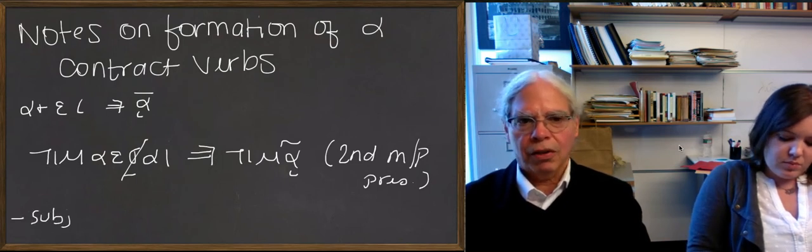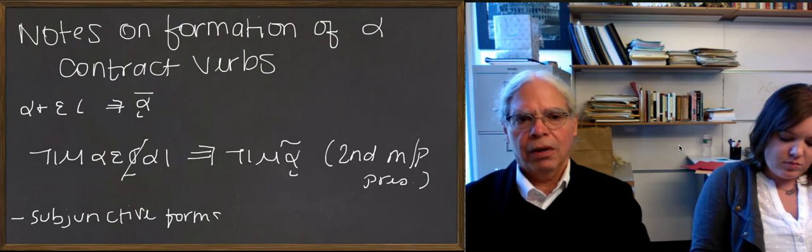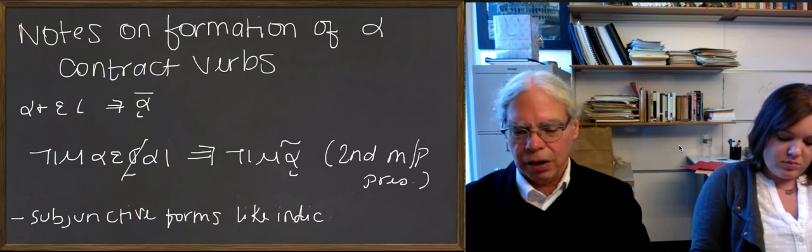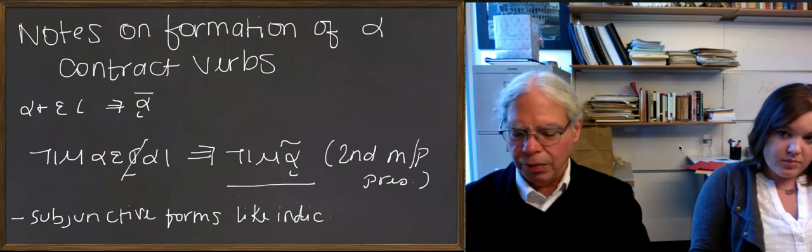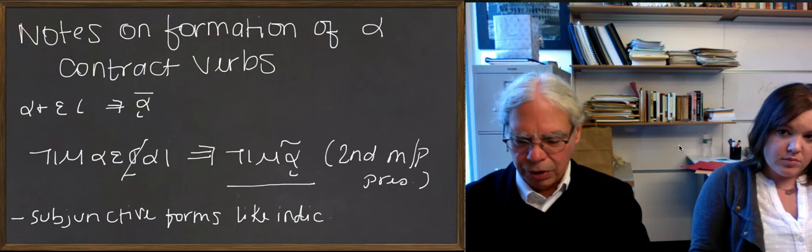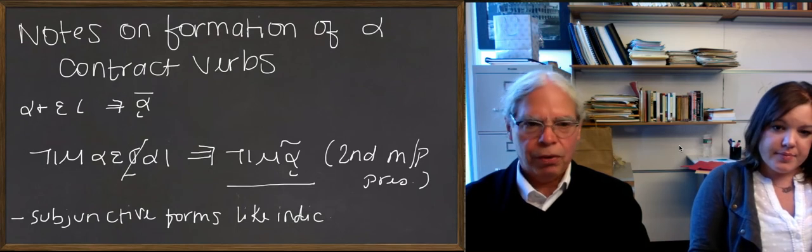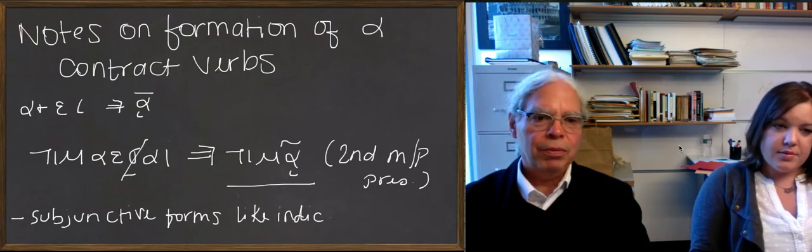So we can say that that form up there, tima, is both the second person singular present indicative middle, the third person singular present indicative active, the second person singular of the present subjunctive middle, and the third person singular of the present subjunctive active.